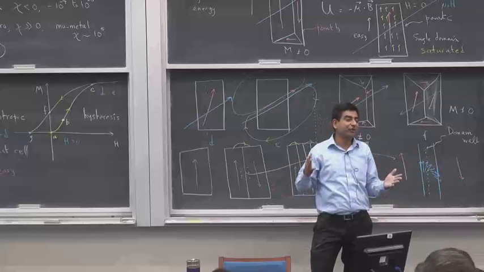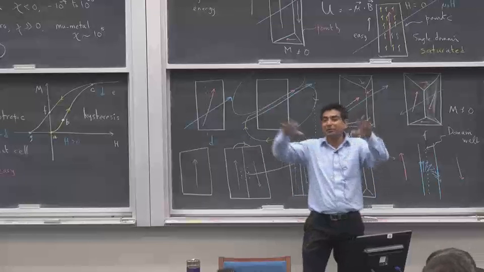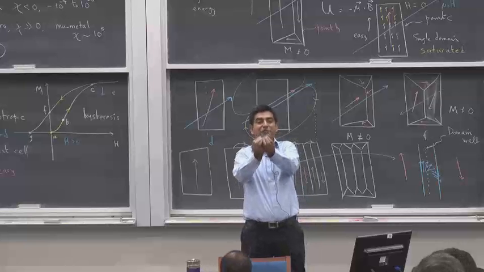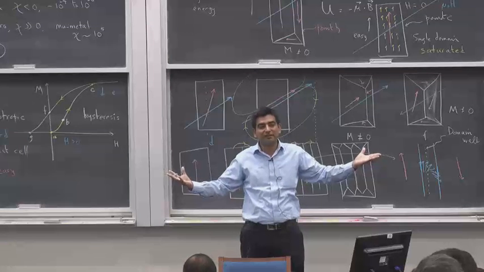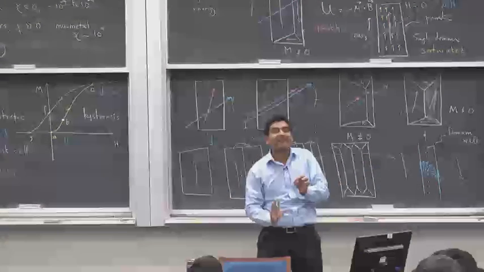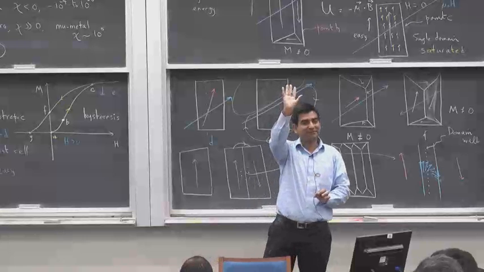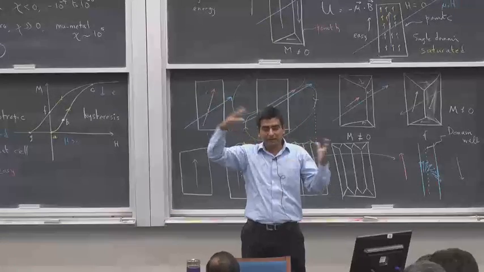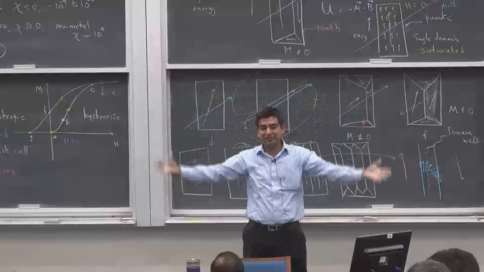So there is a seesaw effect. There is a trade-off between the lowering of the magnetostatic energy and the increase in energy due to the formation of domain walls. Domain walls means energy goes up. Domain walls means that domains are higher in number, so magnetostatic energy goes down.